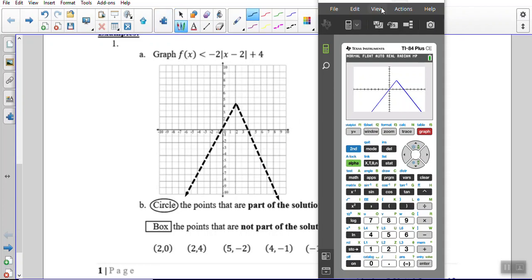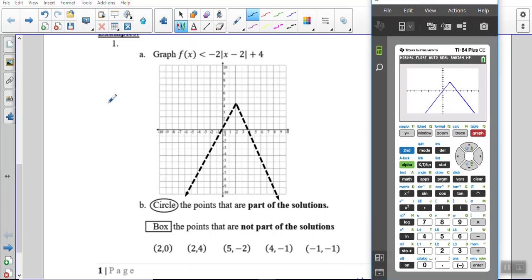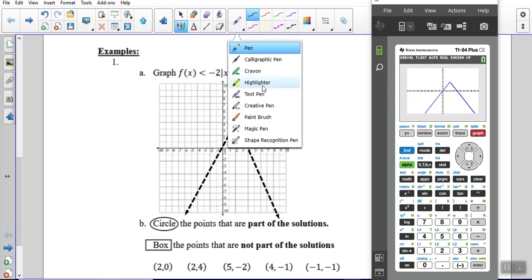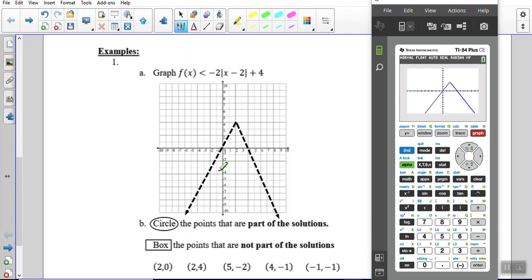We're asked to circle the points that are part of the solutions or put a box around the points that are not part of the solution. The first one I have here is 2, 0, and I didn't shade it. Let's shade, so it's less than, so we know it's going to be shaded below.